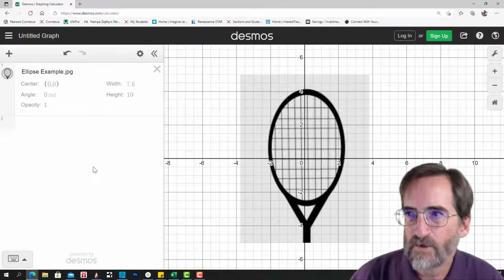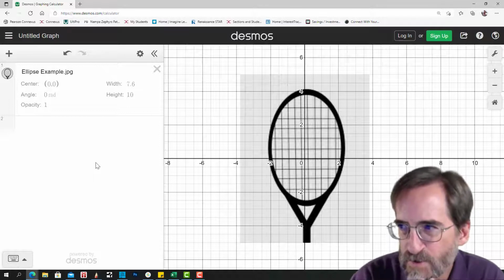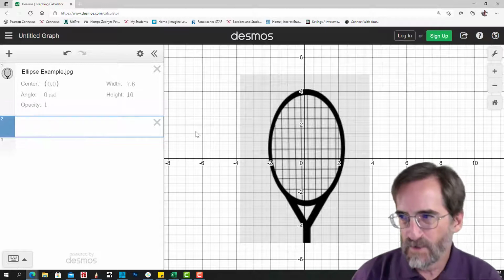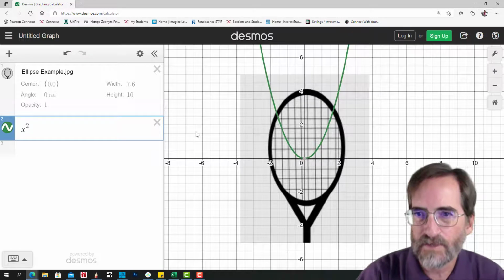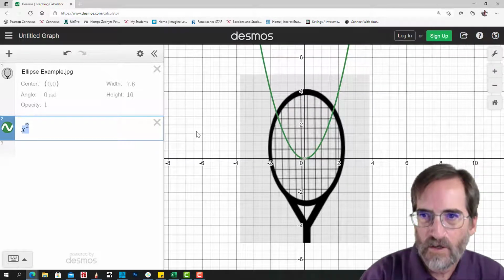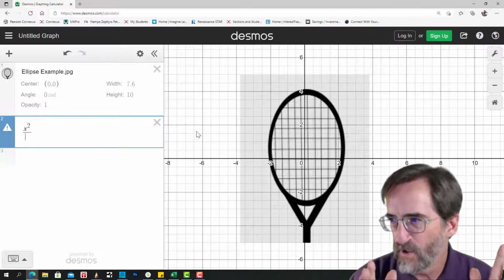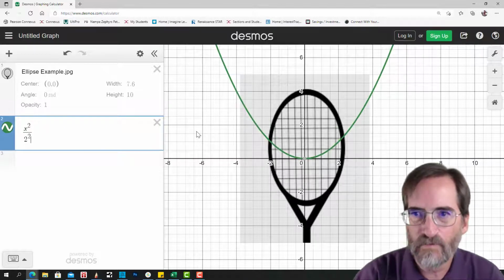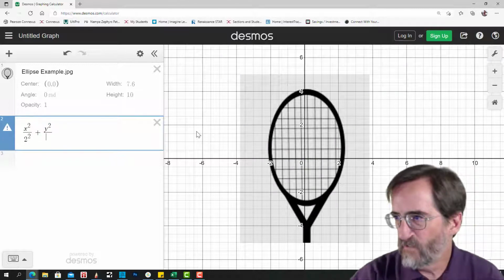I've saved the image here. So there's my tennis racket. We're going to try to fit an ellipse to this. I'm going to take a guess as to what I think the ellipse is right now. Remember the formula for an ellipse is x squared divided by the axis to the left and right, squared. It seems to be about 2 to the right and left, so 2 squared, plus y squared, all divided by the vertical.